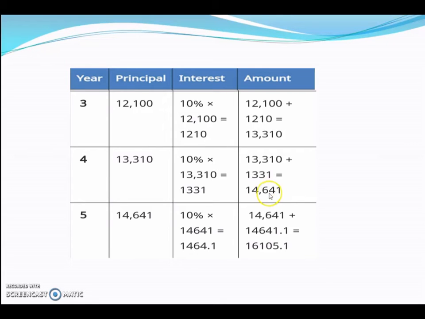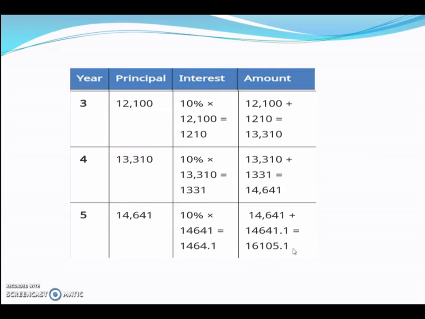Then for the fifth year, this 14,641 is becoming the principal. So 10% of this, 1,464.1, this is the interest, and this will be added to this. So this is your amount at the end of 5 years, 16,105.1 rupees.